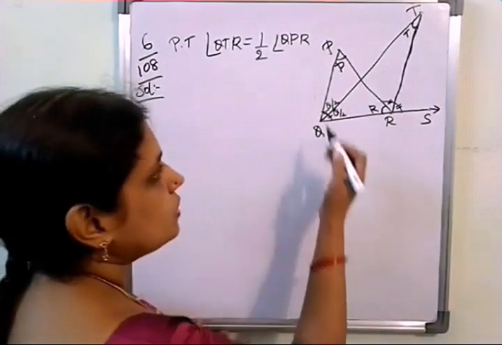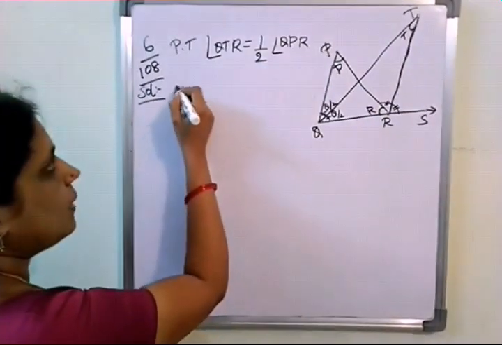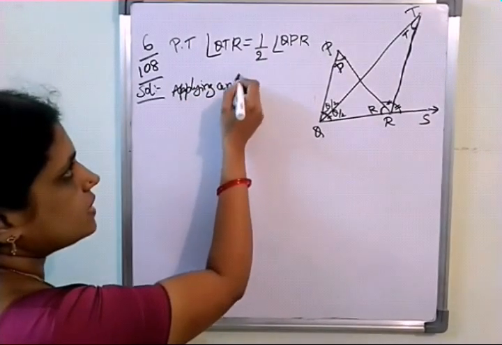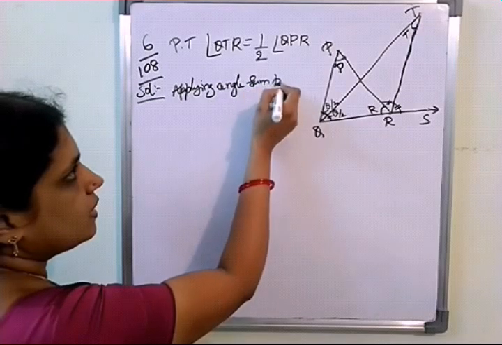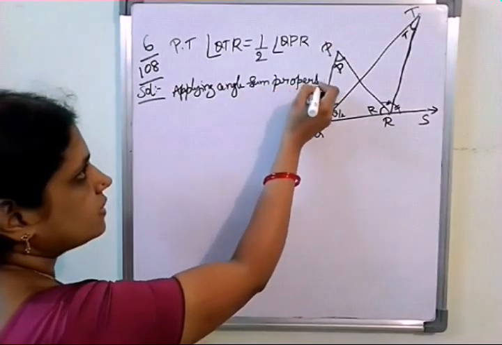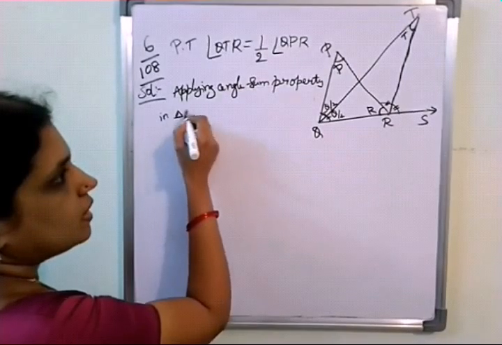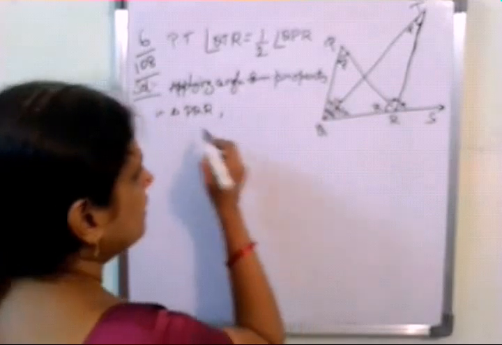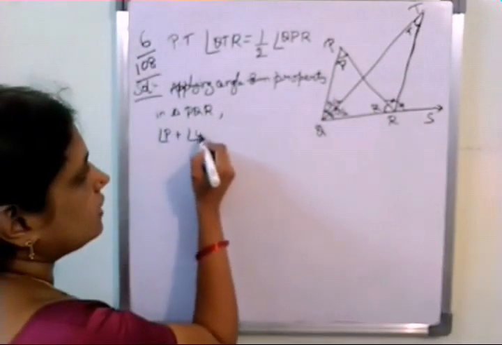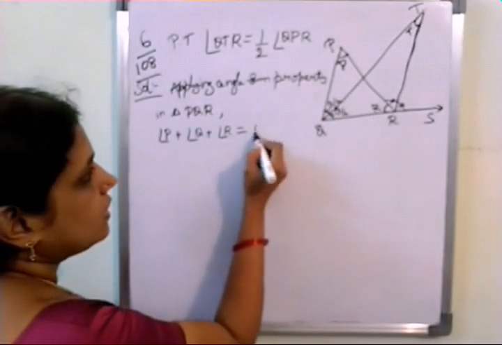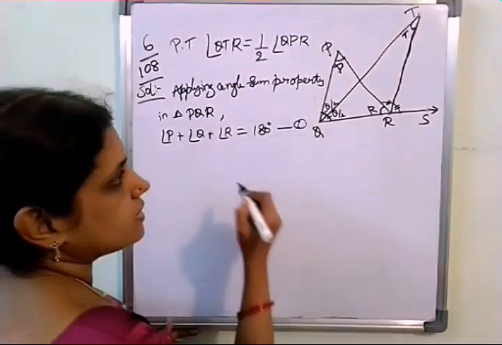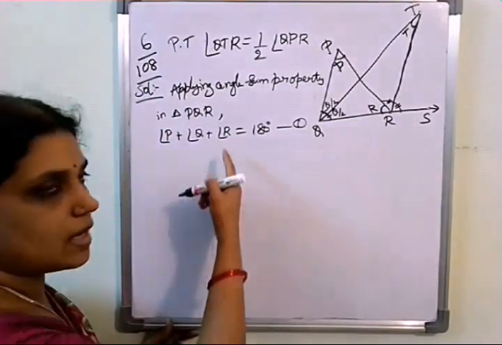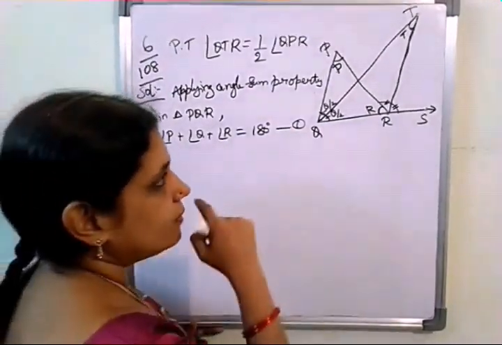So now coming to triangle PQR, applying angle sum property in triangle PQR. What can we write? Angle P plus angle Q plus angle R is equal to 180 degrees. Since this is the name R only I gave, angle P plus angle Q plus angle R equal to 180 degrees. Let it be 1.